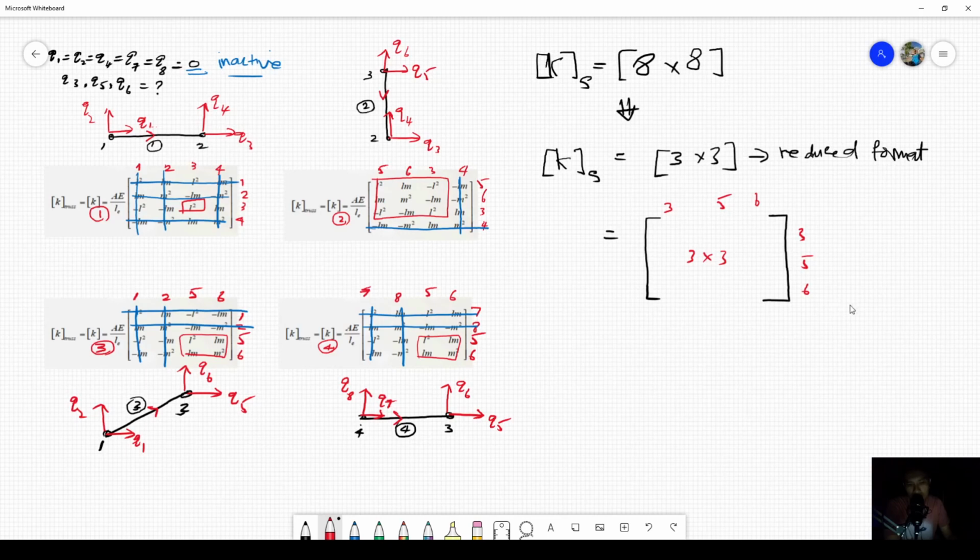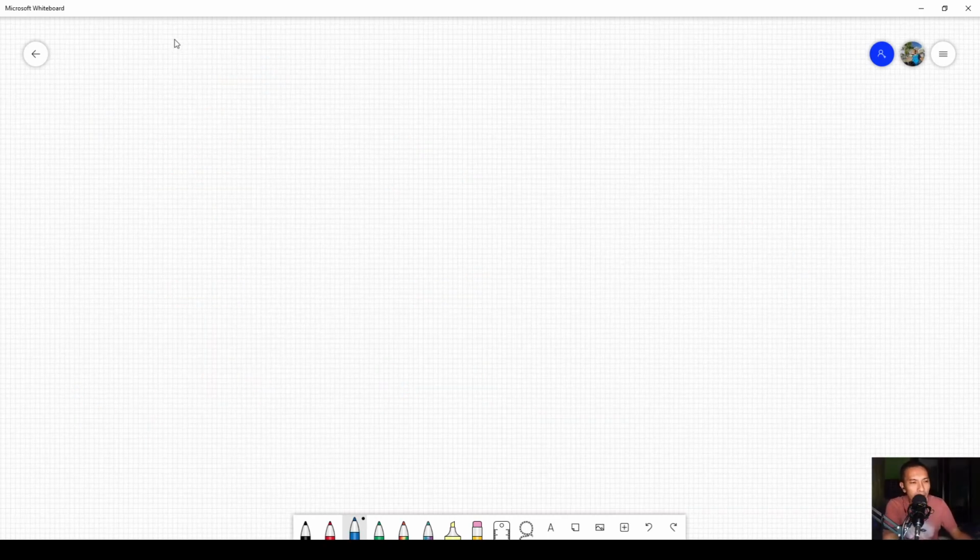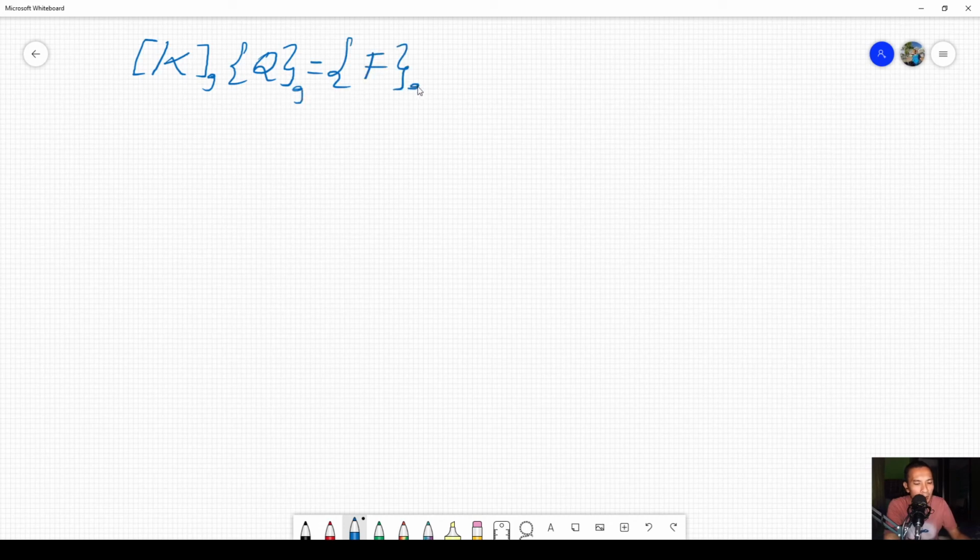By having this reduced format, it will reduce a lot of the calculation process for solving the system of linear equations. So if we remember, the final equation that we have to prepare will be in the form of the system of linear equations, written as KQ equal to F, all of these written in the global coordinate system and representing the whole structure.